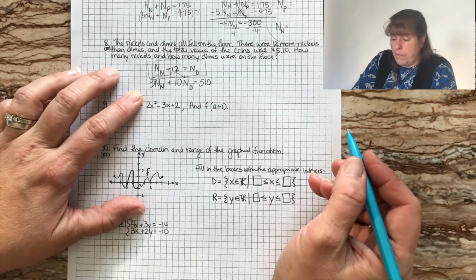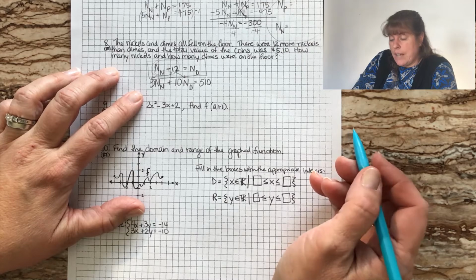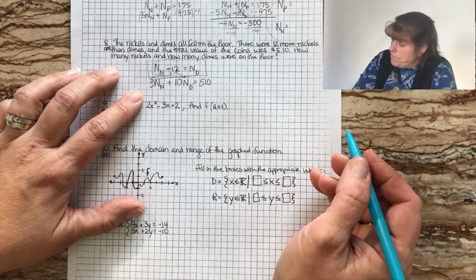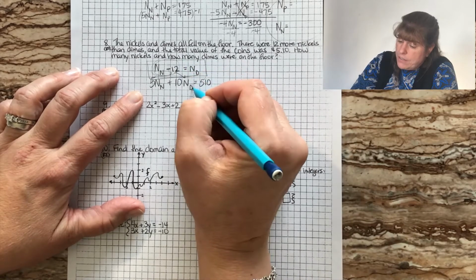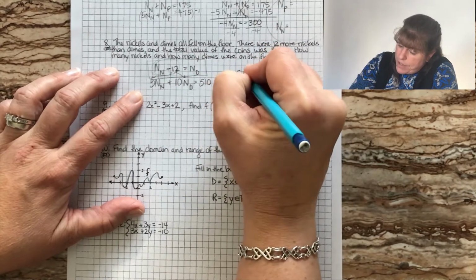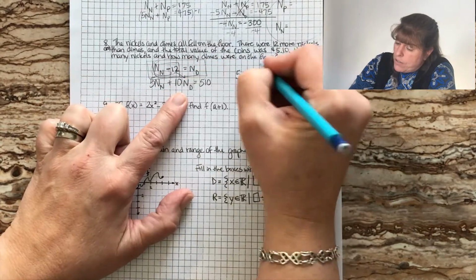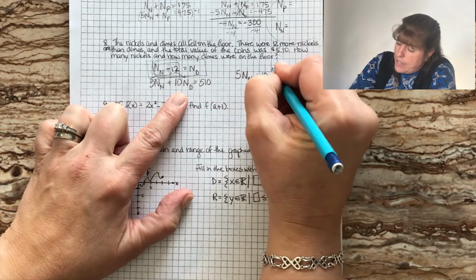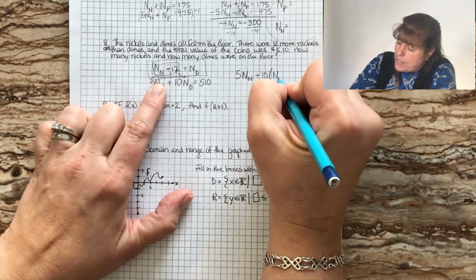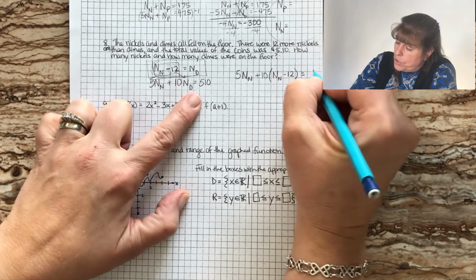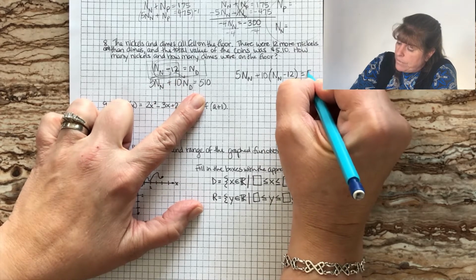On this one, you're welcome to do elimination. You're just going to have to rearrange an equation and then multiply and then all the other steps. So put that chunk in here. So we have 5 n sub n, and then this piece is going to go into here. So it's plus 10, and then in parentheses we have n sub n minus 12, equals 510.